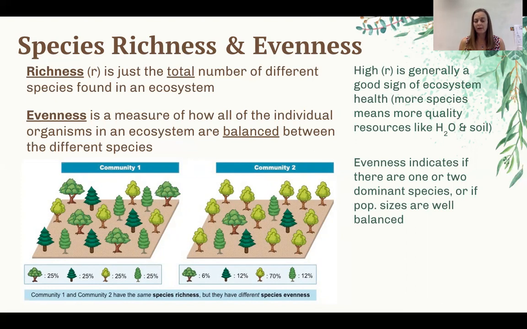So it has high richness, but it doesn't have very good evenness. If something were to hit this community that attacked the one kind of tree that is dominant, then our community would lose a lot of its tree resources. And so more evenness provides a balance that allows ecosystems to be more resilient in the face of change.